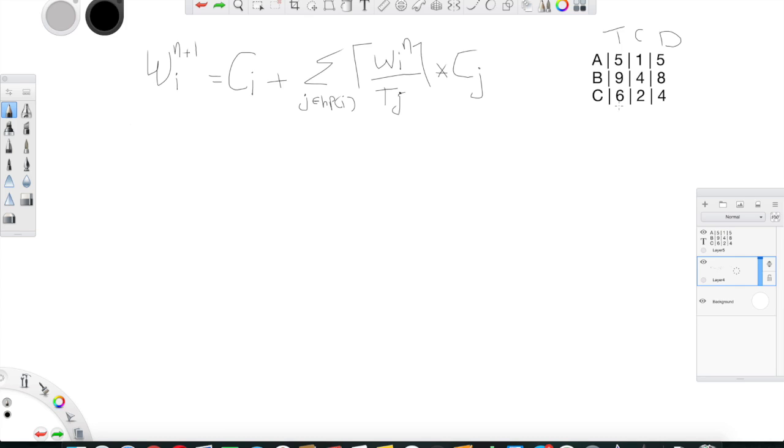So we need to calculate the response time of C. R of C of 0, the first iteration, is equal to the computation time of C, which is 2, so it is 2 plus the summation of J belonging to HP of I. How many tasks have a higher priority than C?